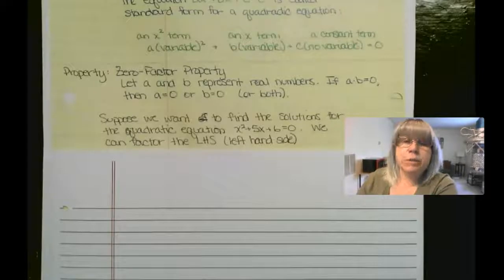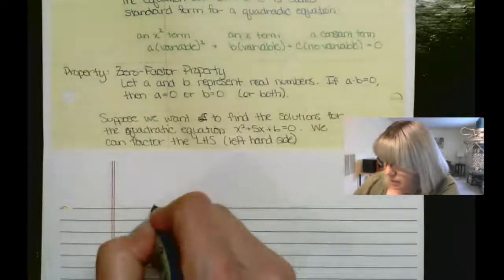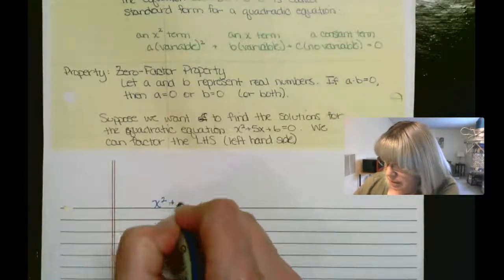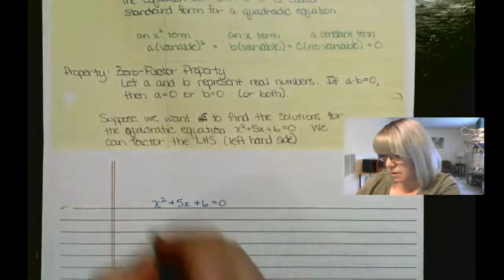All right, suppose we want to find the solution for our quadratic equation x squared plus 5x plus 6 equals 0. We're going to factor the left-hand side. So x squared plus 5x plus 6 equals 0.